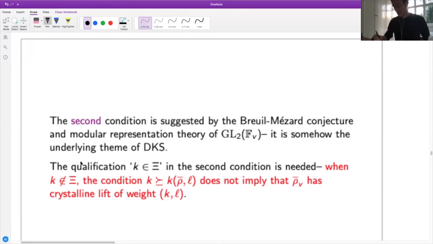But if K is not in C, then the implication that K is curly greater than or equal to K_ρ̄,L does not imply that ρ̄ has a crystalline lift of weight K,L. In fact, you can actually come up with a counterexample. The counterexample is of a local nature, so you can build a counterexample using p-adic Hodge theory.